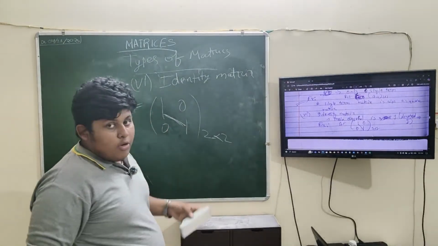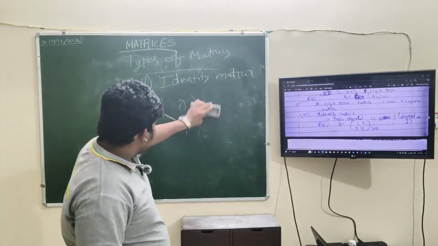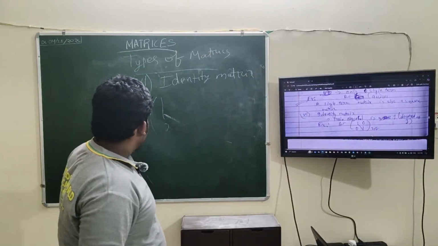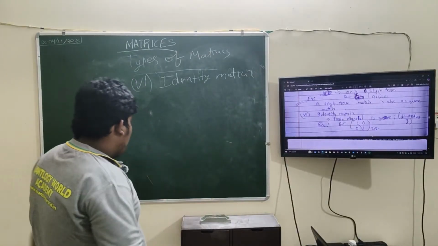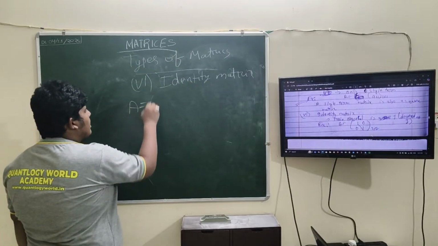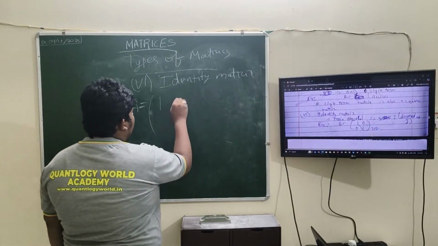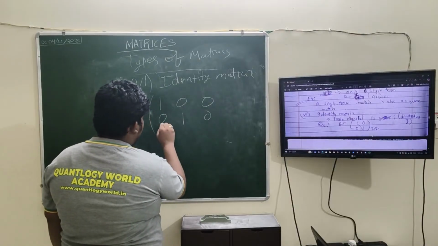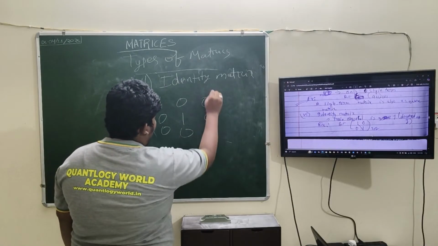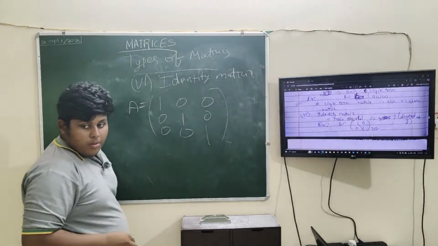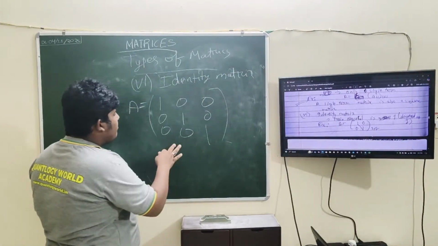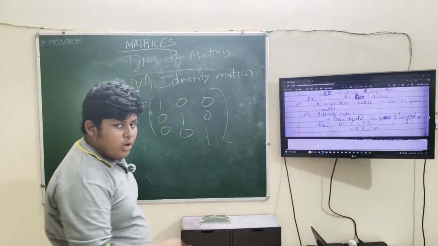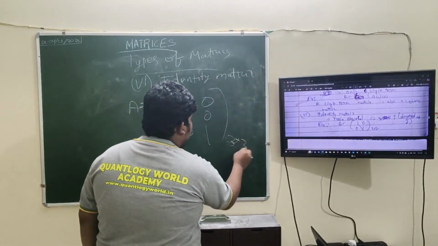And let's give an example of a 3 cross 3 matrix, matrix named A. So this can also be called an identity matrix. The order is 3 cross 3.